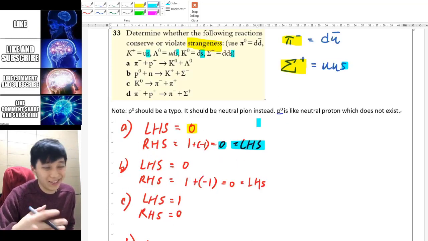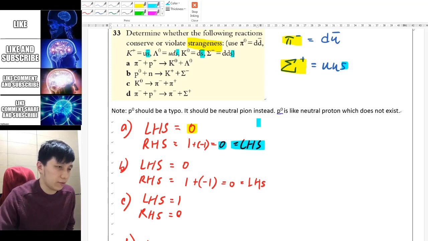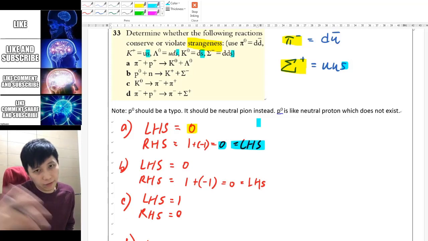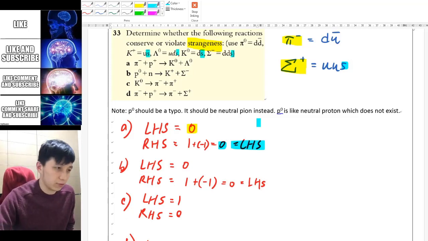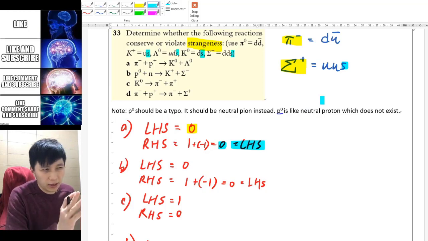So for sure this is not a weak interaction, if you link to the idea of interactions we learned earlier. For part B, again, this is not a proton. When I first saw this in the textbook, I found this typo and I didn't even know what this was.